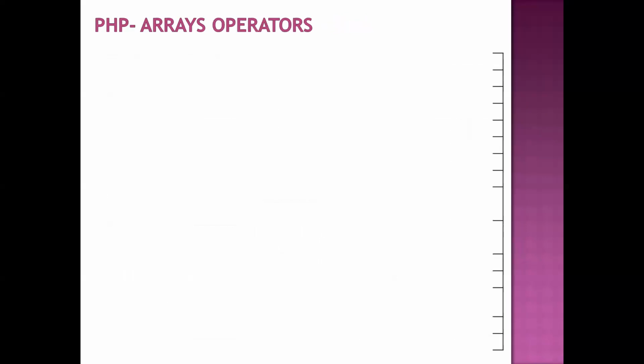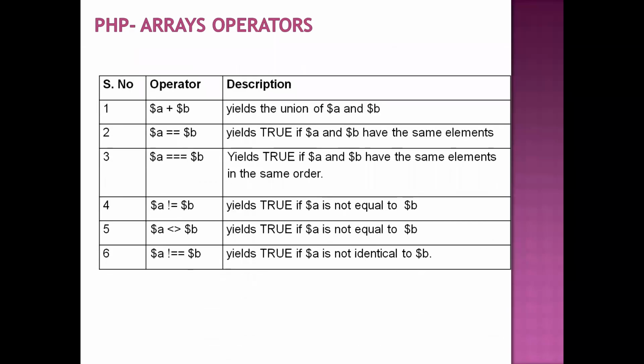Other than these predefined array functions, we can also use some operators on PHP arrays. So let us see those operators. If you want to combine two arrays, then we can use the plus operator for combining those two arrays' contents.